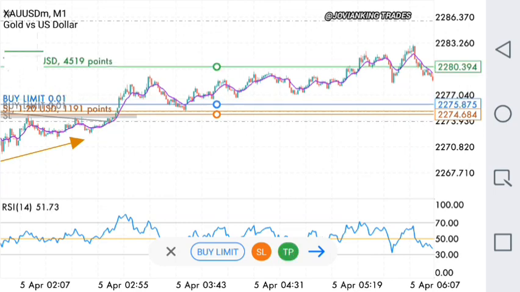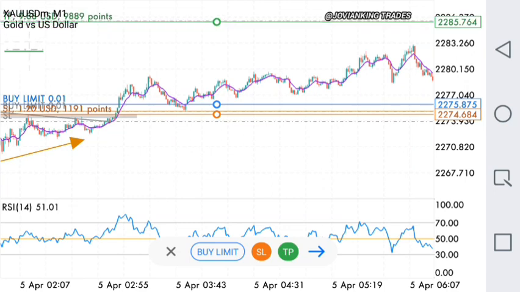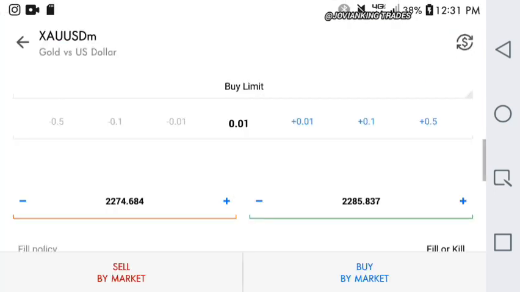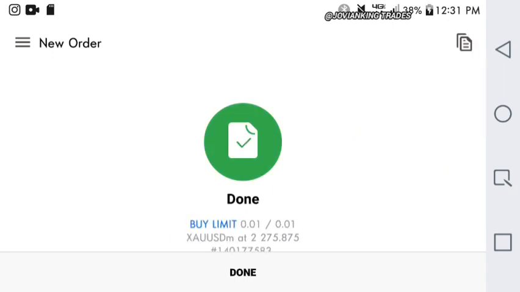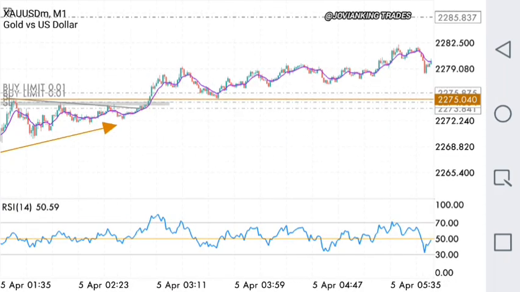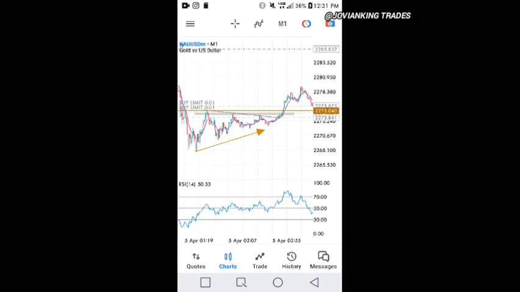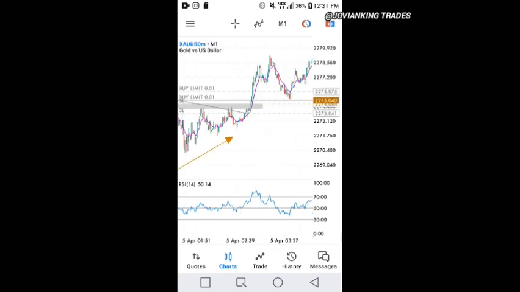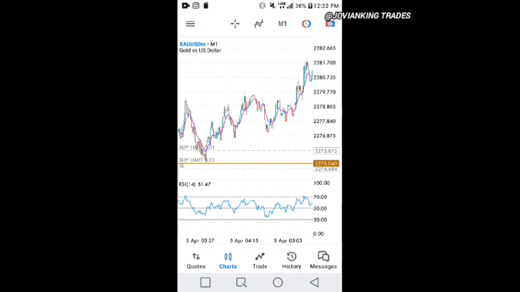You can then enter that way and still set your TP at that new high. You can set your buy limit again, or you can enter instantly at that level. So if you notice, the trade is already running concurrently, both your first entry and your second entry. Your work is just to allow the trade to play out.